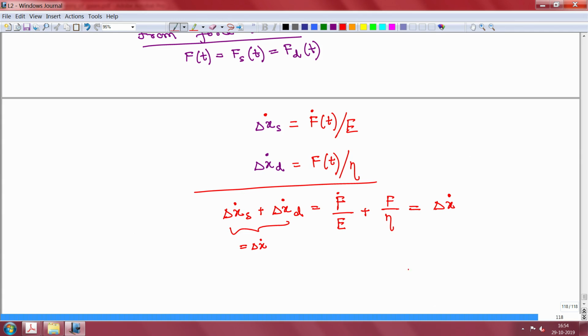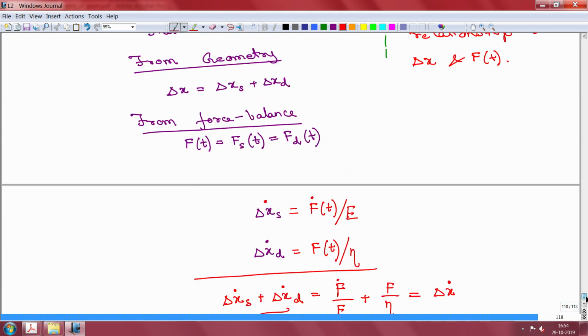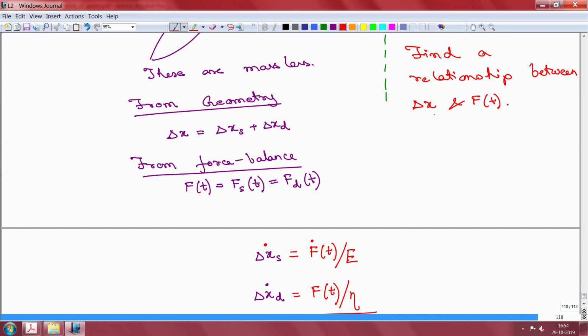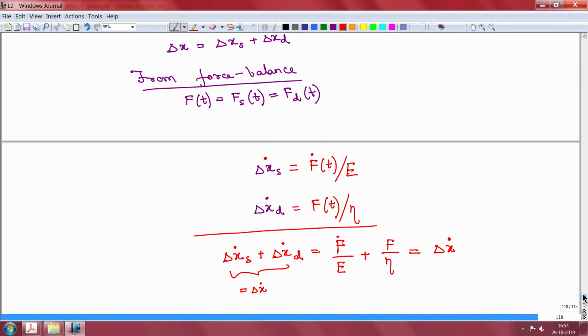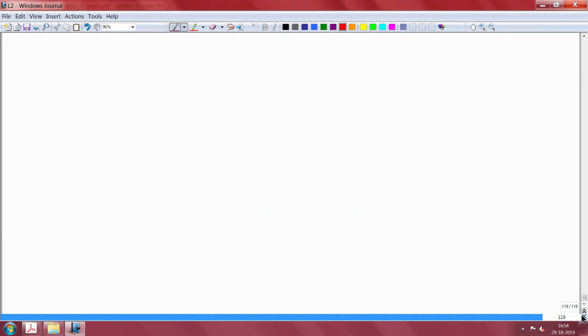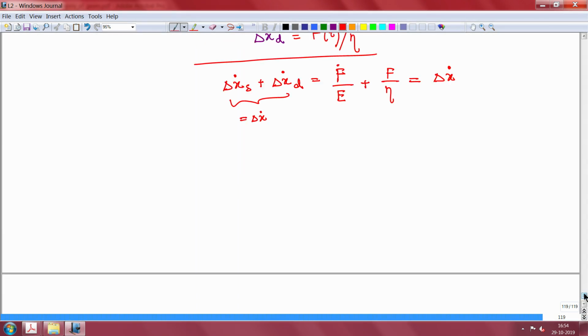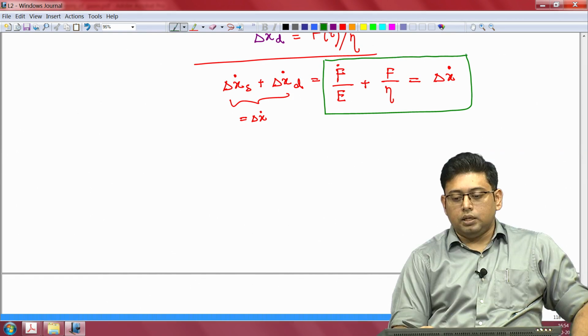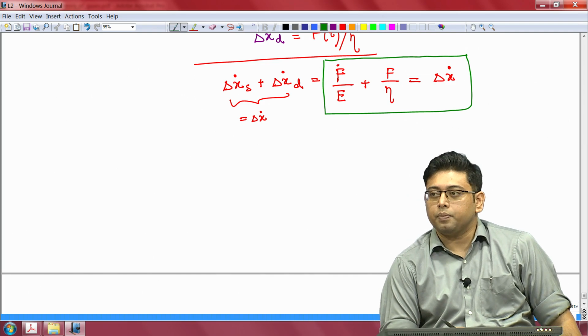And this is the relationship that we were seeking in the first place, because we wanted a relationship between delta x, the total displacement of the system, and the net force on the system. So, this is our important equation right here, in terms of the force and the displacement.